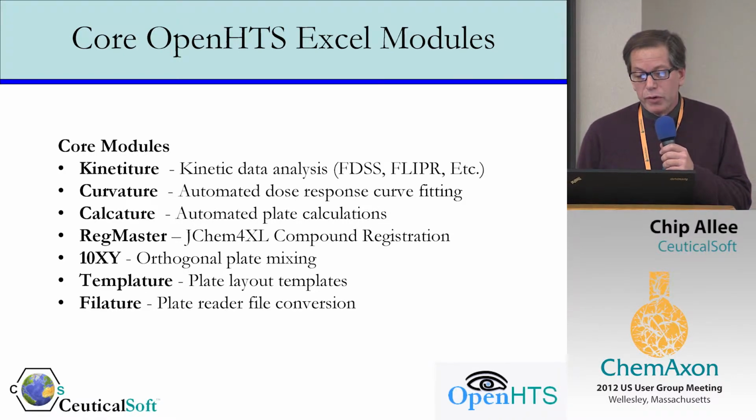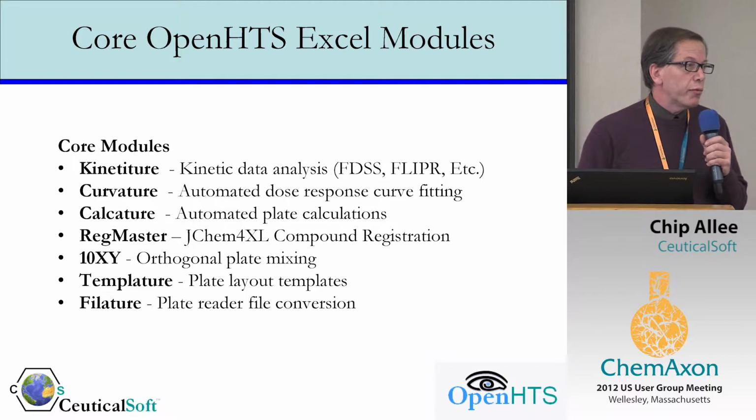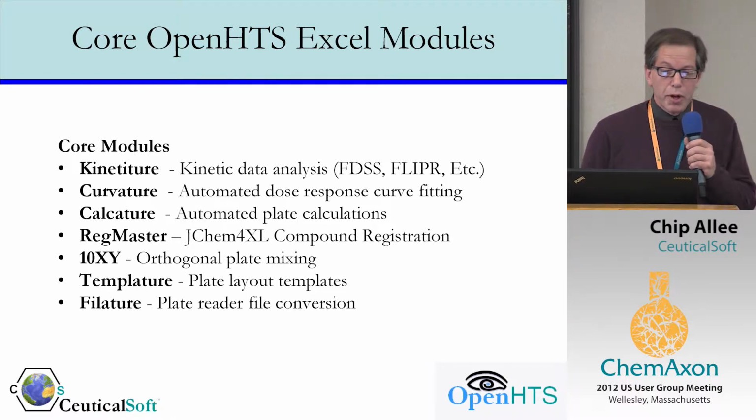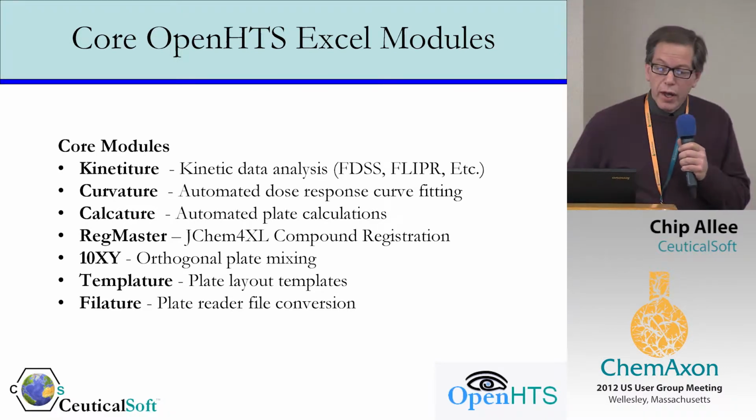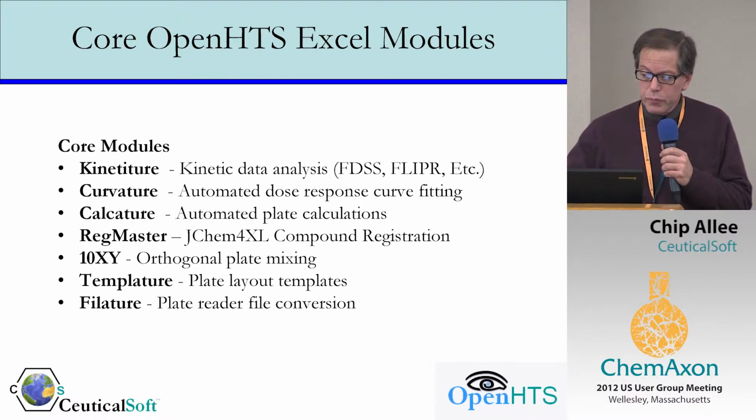We now have a registration system which is based on JChem for Excel, which is pretty much what I'm here to talk about. We do orthogonal mixing and plate layouts, and then we have a module for plate reader file conversion. And again, it's all native Excel.